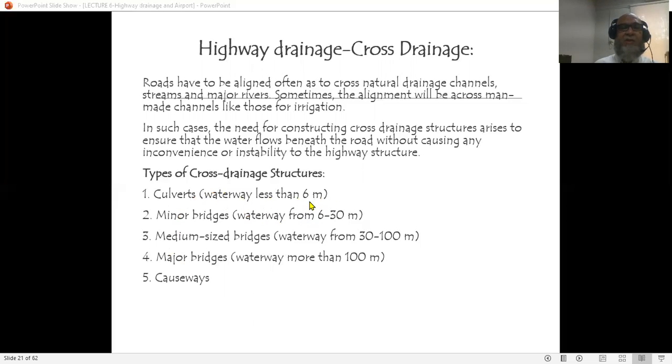So, if the width of the water channel is less than 6 meters, the bridge structure that is provided is known as a culvert. Then 6 to 30 meters, it is called a minor bridge. Then the medium-sized bridge and the major bridge. And the main difference is also the height of this structure from the water course.